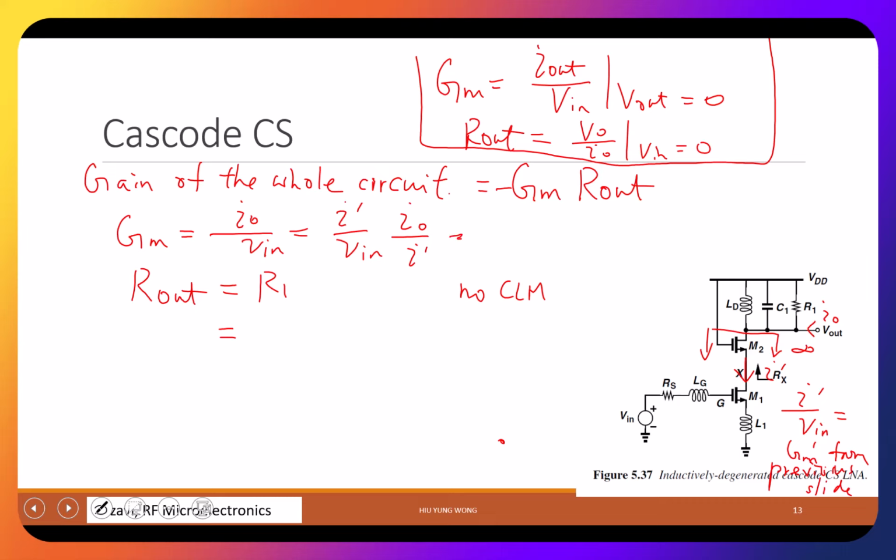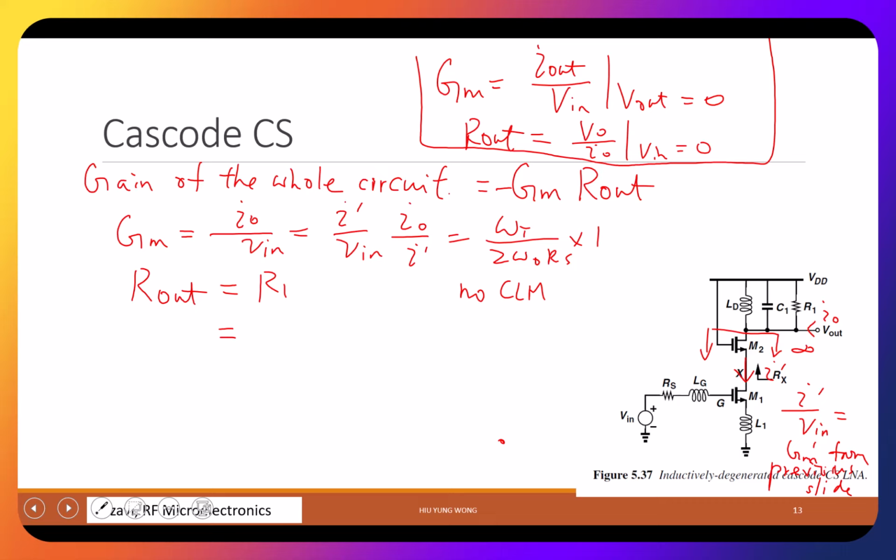But I dash divided by V in, I just told you, is equal to omega t divided by 2 omega naught Rs. We proved that. And then I out divided by I dash is about equal to 1.